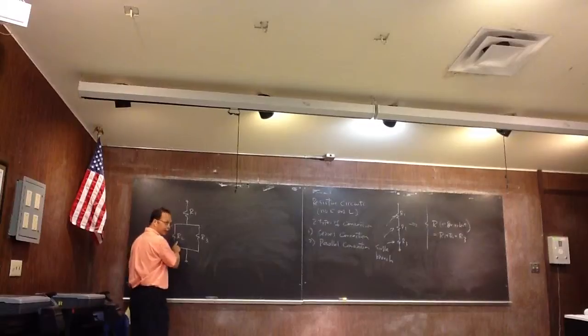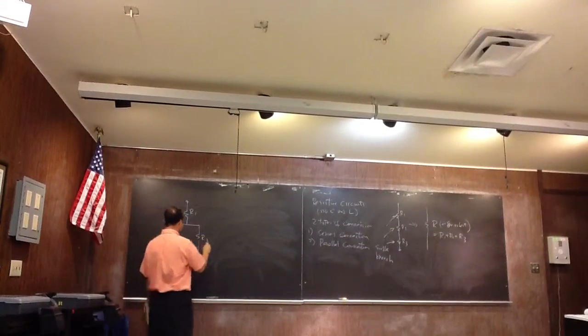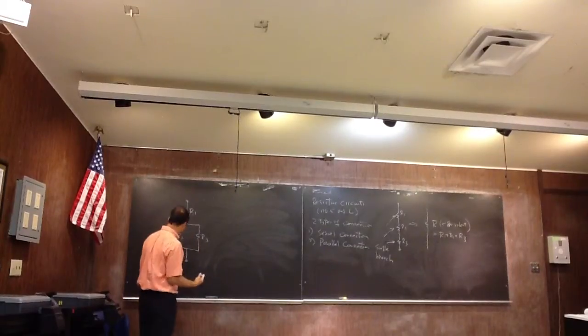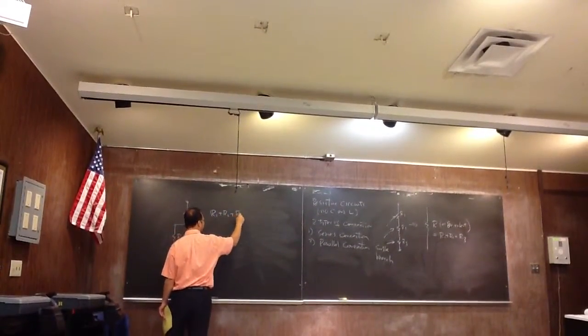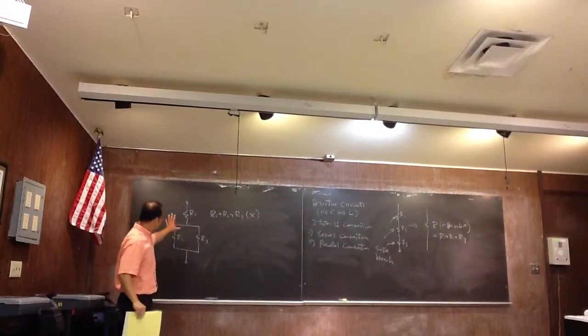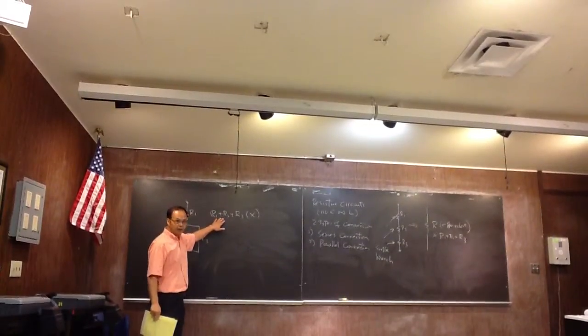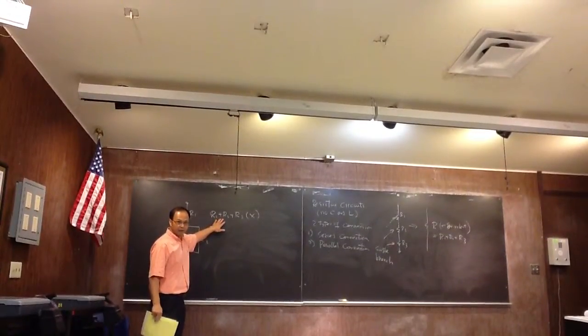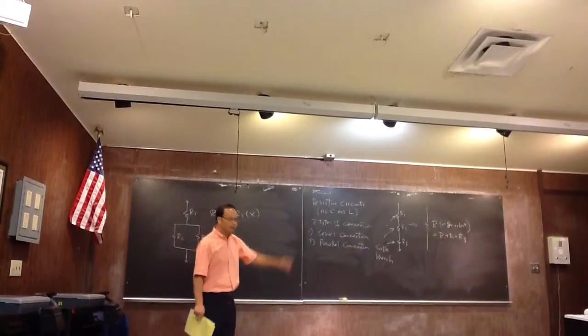But this becomes a double branch. And you cannot say this is R1 plus R2 plus R3. Okay, this is wrong. So the equivalent resistance cannot be calculated from this formula. Got it? It has to be a single branch, like what I have on the right.